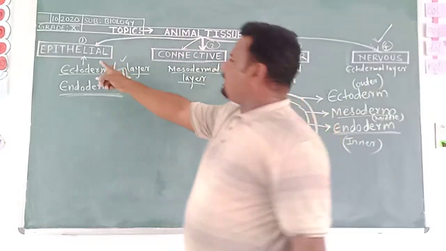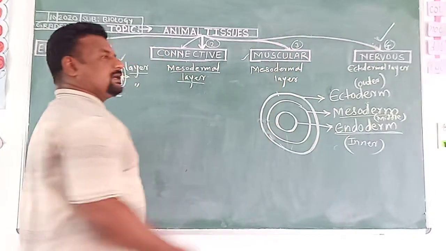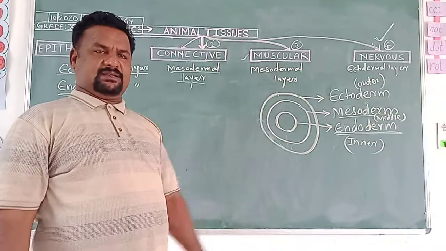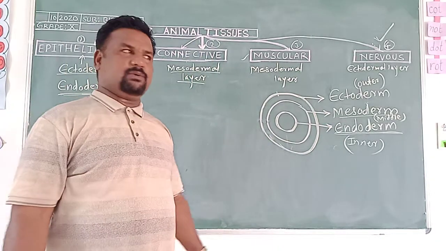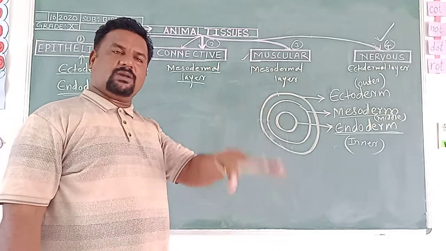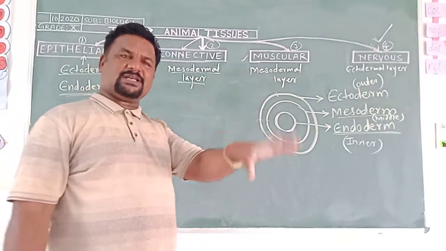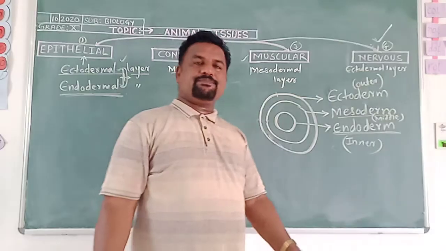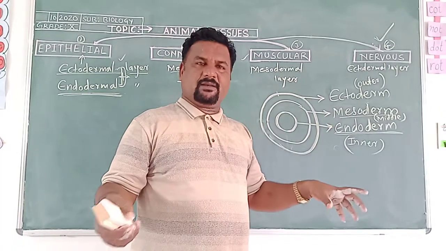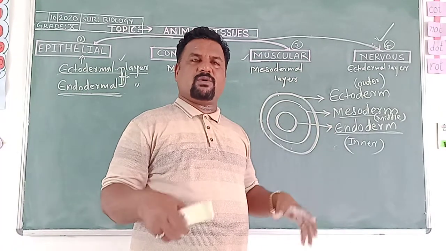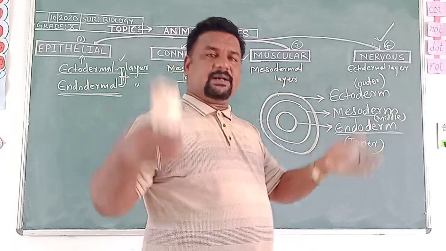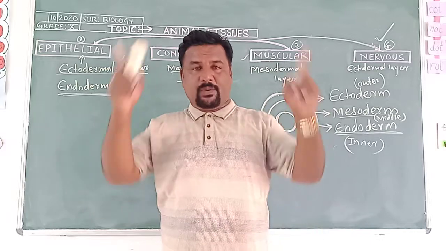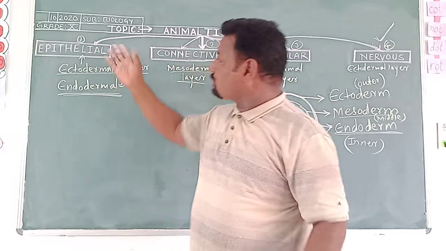Because of epithelial tissues, connective tissues, muscular tissues. Now for the muscular tissue you can take the example: they are present in the body muscles. For connective tissue you can take the example of blood, bone, ligament, tendon, various. And when it comes to the epithelial tissues, for example, they are present in the skin of our body, and the outer lining and inner lining of various internal organs of our body are composed of this tissue.